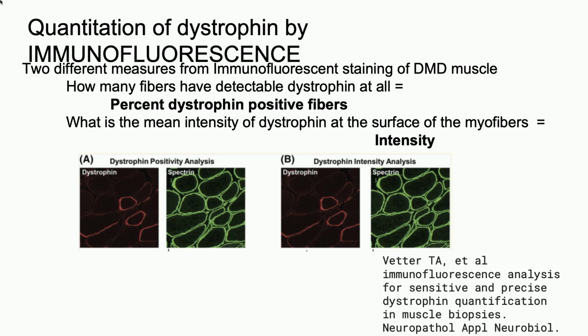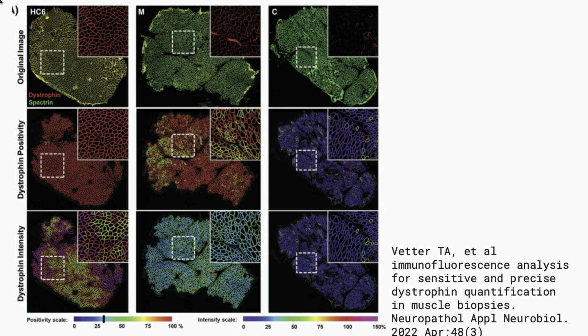And then we can typically take a couple of bits of information from this as well. If some of the fibers are positive and other fibers are negative, that will come up with a different measurement from the same type of data: the percent positive dystrophin fibers, or, as an alternate way that it would be commented on, what percentage of the muscle fibers are positive.